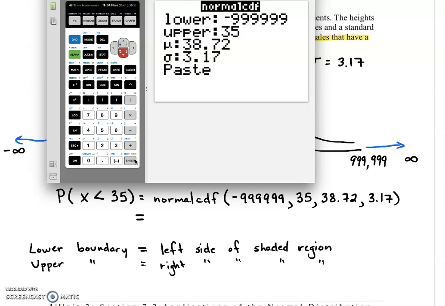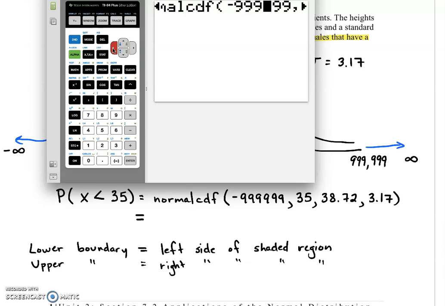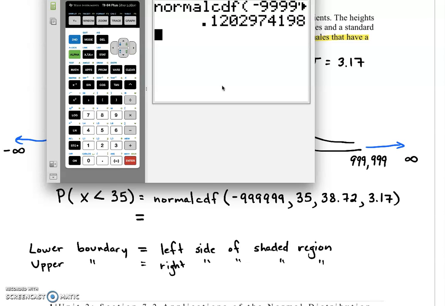Then you just highlight paste and hit enter. So you can see it has taken the things and put them in the same order that I wrote them on the paper. So if you don't have that little screen, you can see it will write Normalcdf and open a parenthesis, and then you just put the numbers in just like they're written on the paper. Then you hit enter, and there's our probability.